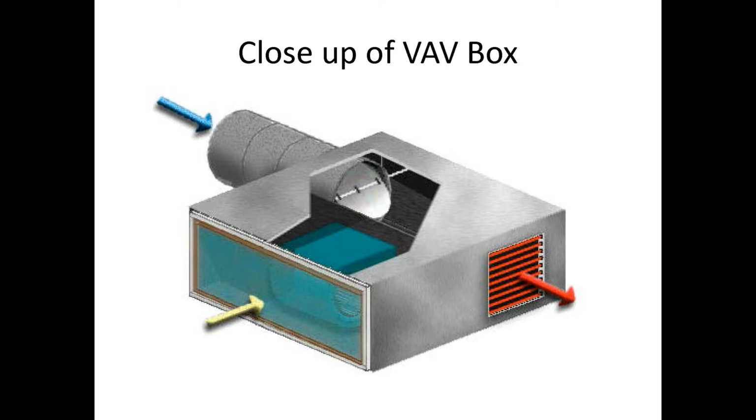The VAV box also has a heater coil in it because the air conditioner is only making cold air. So whenever you do need a little bit of heat, the heater coil will turn on. And by the way, in an office, you rarely ever need heat because there's computers, copier machines, lots of people, lights all over. It's making a lot of heat.